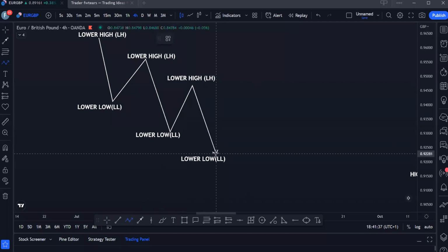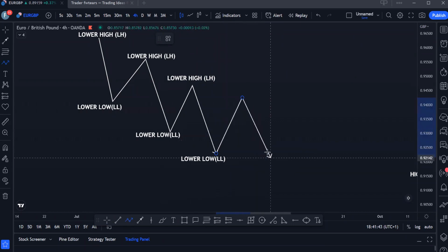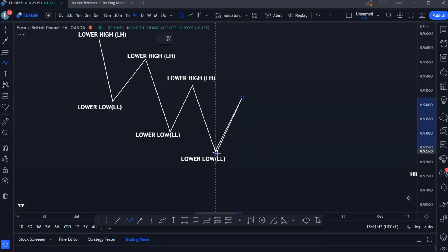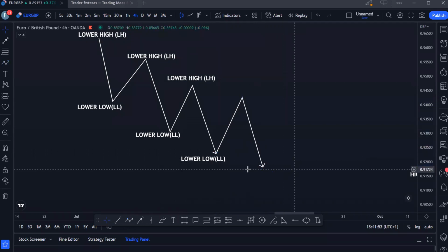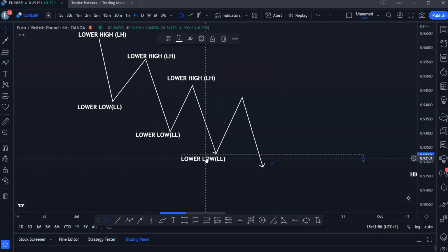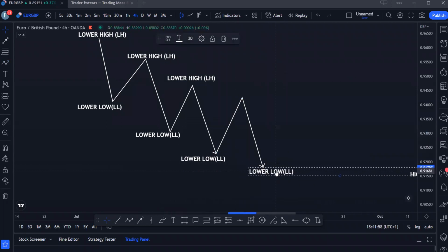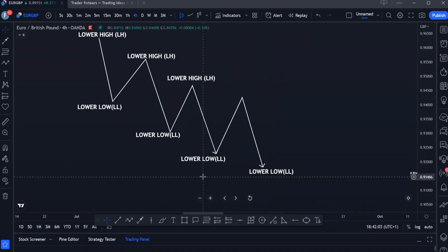If you see price do a correction and then you see that the candlestick is still going below the previous lower low. Once a new lower low is created, that is a signal that price is still very much in a downtrend.